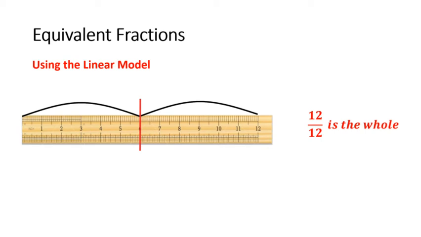Since the length, when divided into 2 equal halves, would give me 6 centimeters in length. Note carefully, you would have had 6 centimeters to the left and 6 centimeters to the right of the red line.